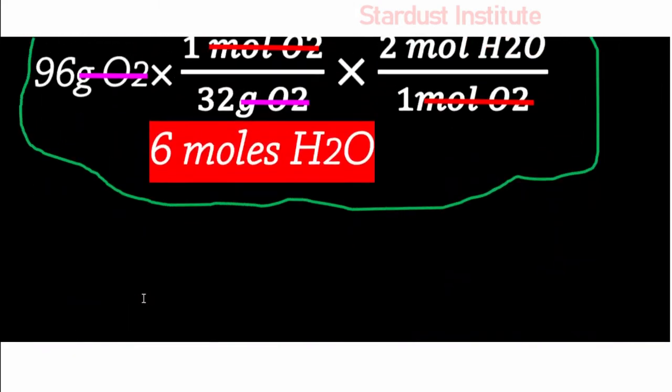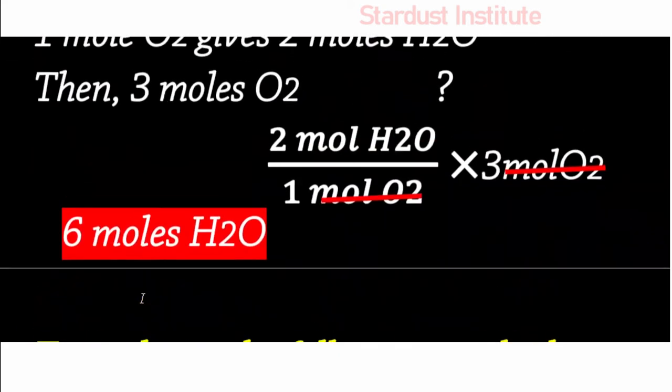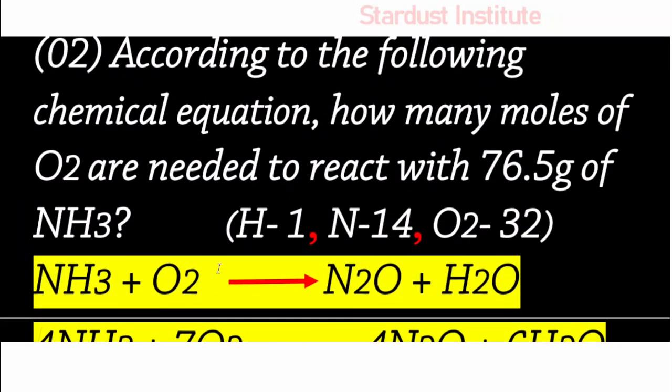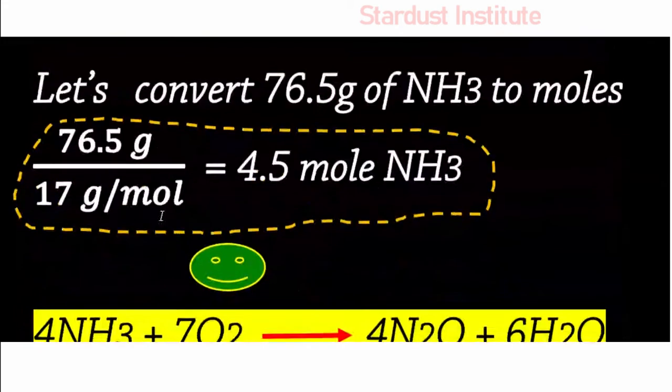We have been given 76.5 grams of ammonia. We have to convert this 76.5 grams of ammonia to moles.